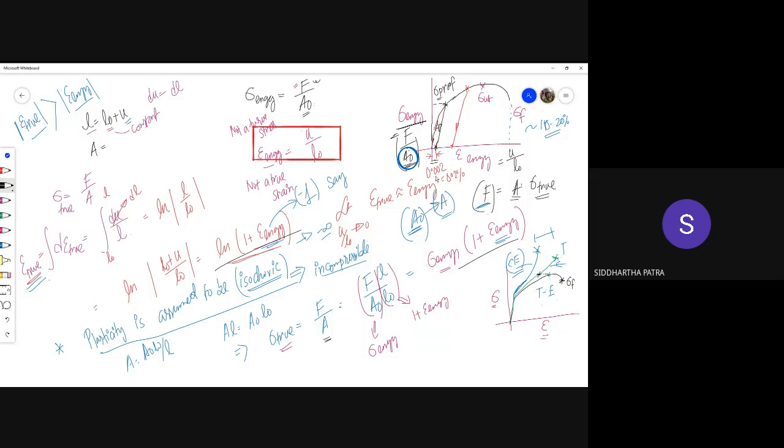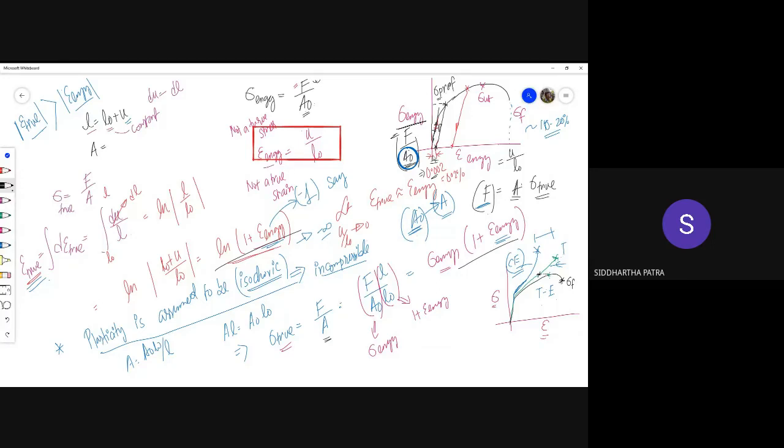But if I can make this initial intercept smaller and smaller, in the limit I can reach the yield stress. But I cannot really take it to be zero, because then I'm left with this entire elastic part of the curve, and any stress value on that becomes a representative, which of course is not true.